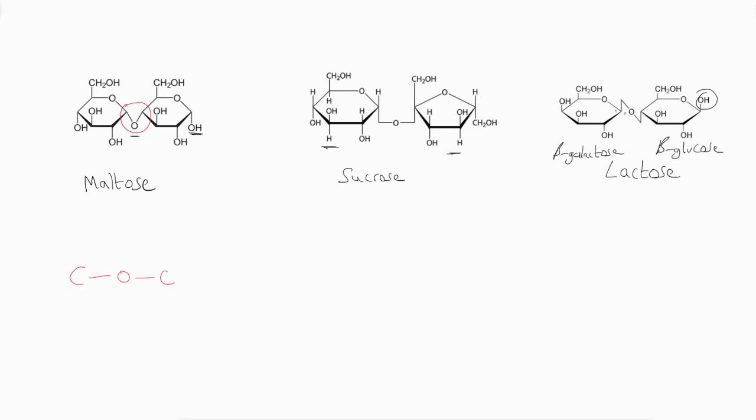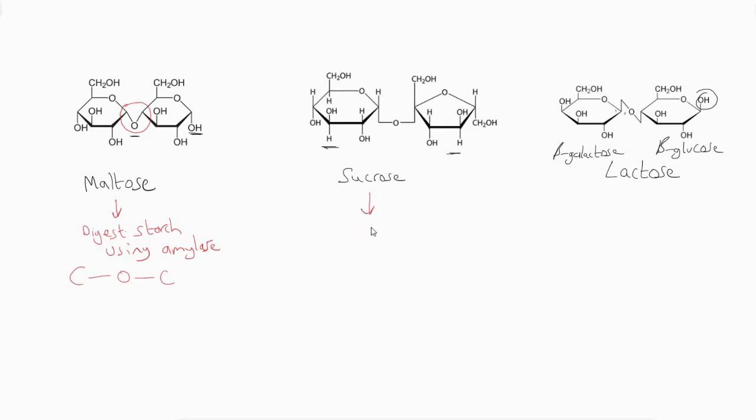Okay. Now maltose is a sugar that you get when you digest starch using the enzyme amylase. It breaks apart the carbohydrate, the polymer starch, to get 2 sugar units, disaccharides, maltose.